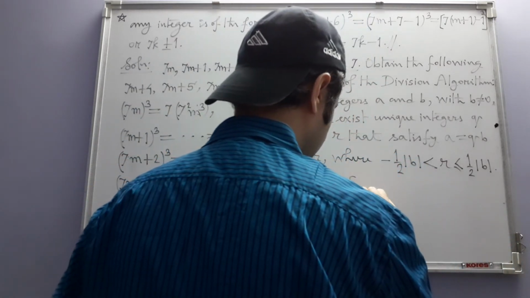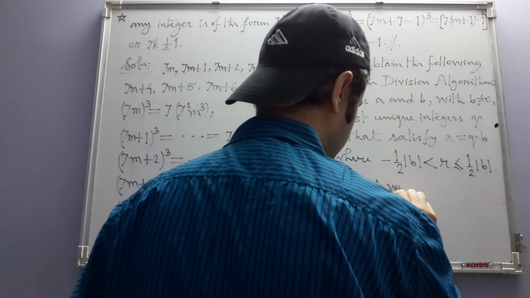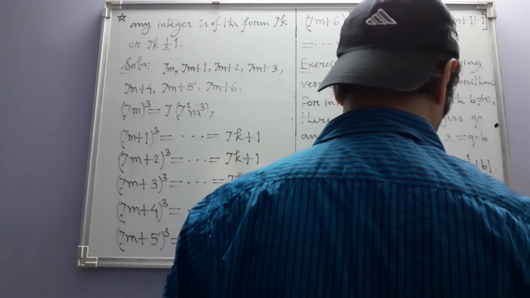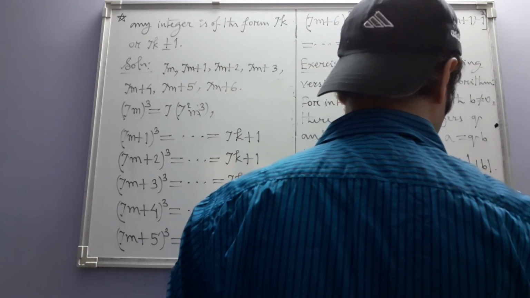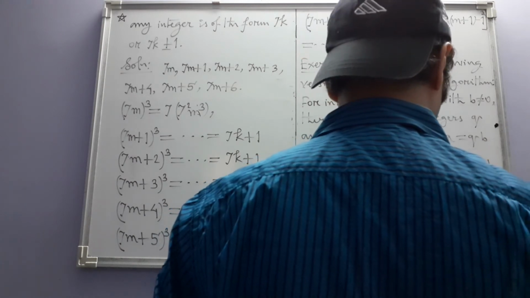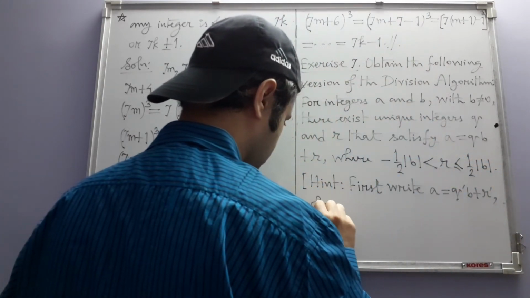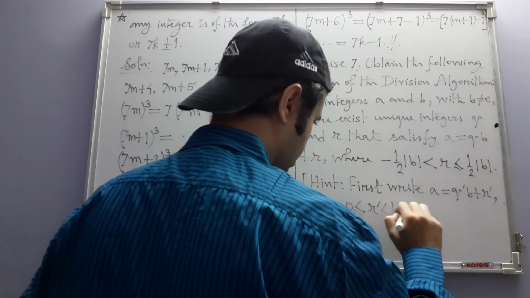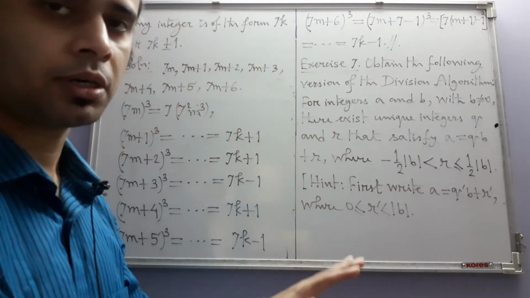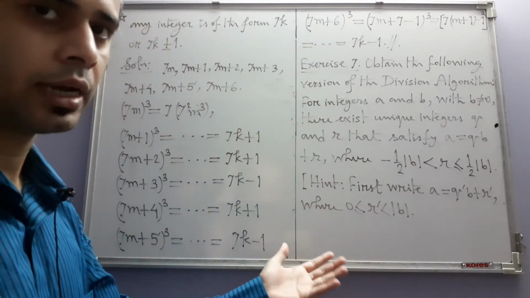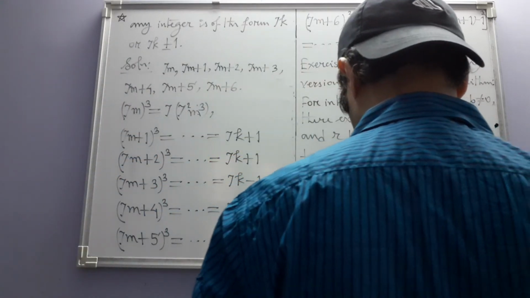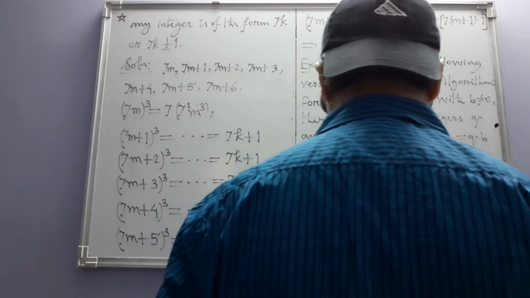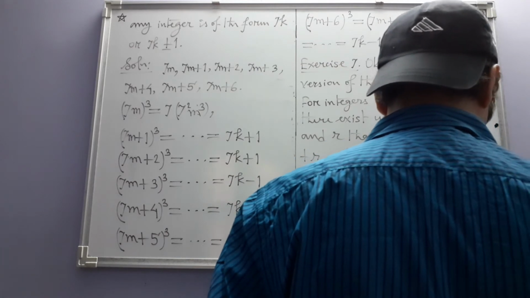First write a equal to q prime b plus r prime, where r prime is non-negative and strictly less than the absolute value of b. So this is coming from the ordinary division algorithm. Now cases will arise depending on what r prime is.